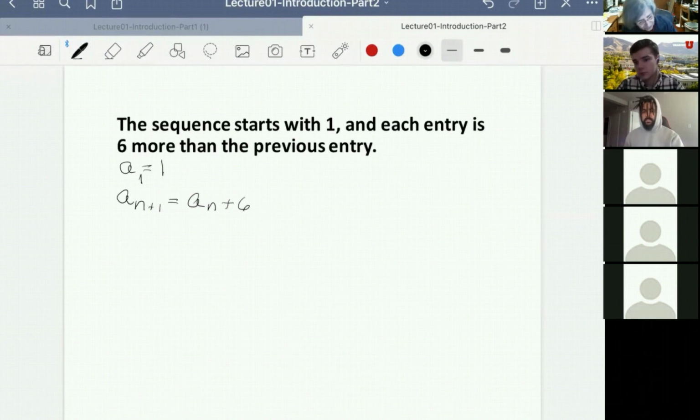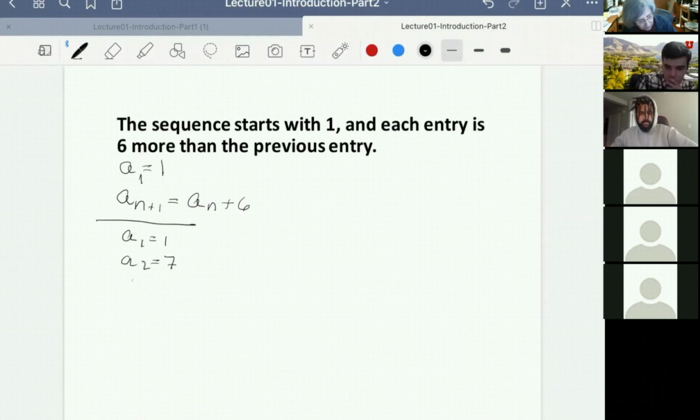So now we're going to try and think of a closed form for this problem. So we have A1 equals 1, A2 equals 7, which is equal to 1 plus 6. A3 is equal to 13, which is equal to 1 plus 12.